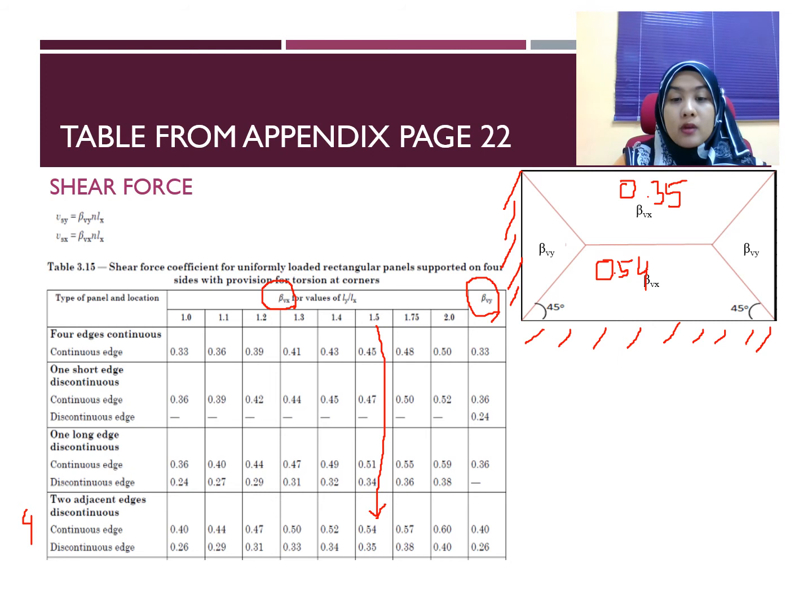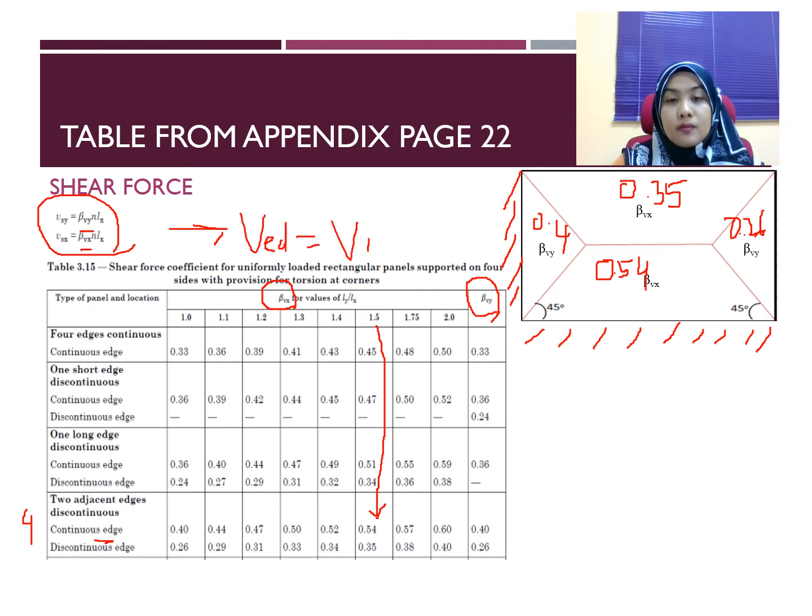And for beta Vy, for the continuous edge, the value is 0.4, and for the discontinuous edge, the value is 0.26. Then you substitute the values of beta Vx and beta Vy into this equation. Then you identify your VEd or V maximum. Once you get your VEd value, then you can check for shear.